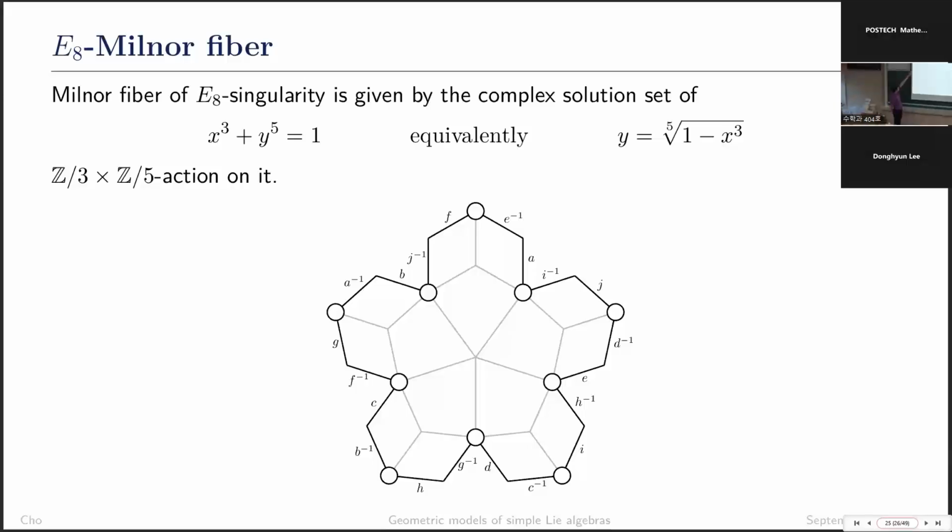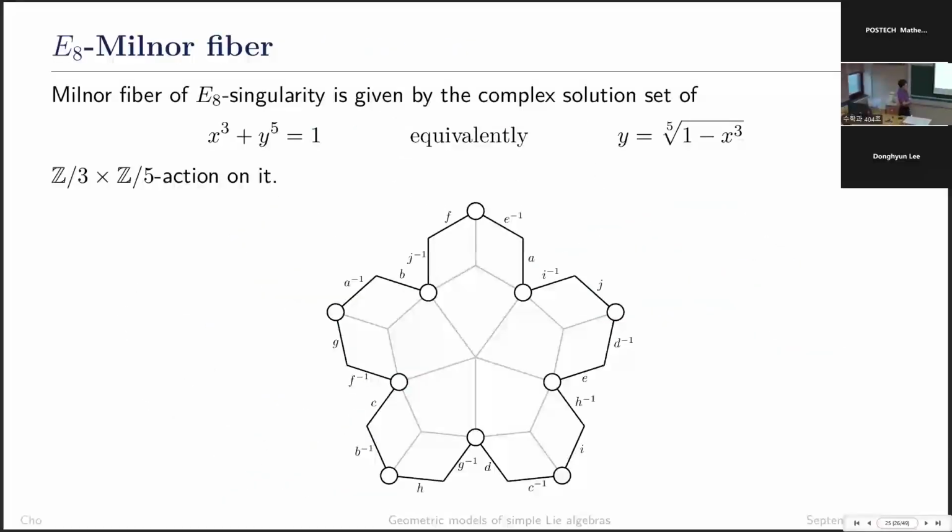So the solution space admits a Z/3 times Z/5 action, which is multiplying x by a third root of unity and y by a fifth root of unity. So the third root of unity action is just rotating like this, and the fifth root of unity is like rotating these legs. So this is the solution space.